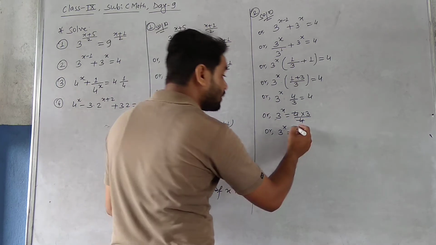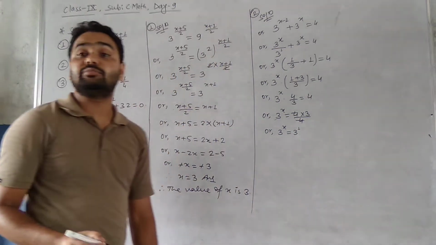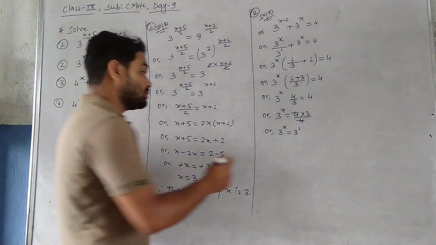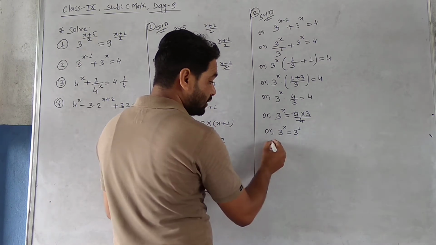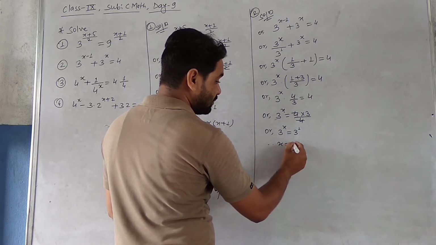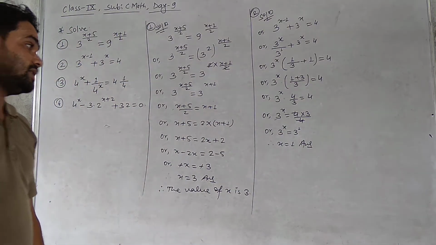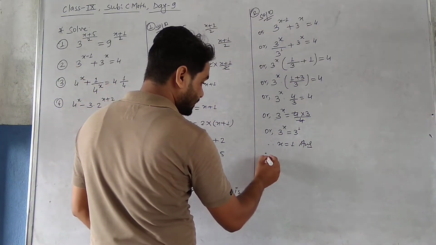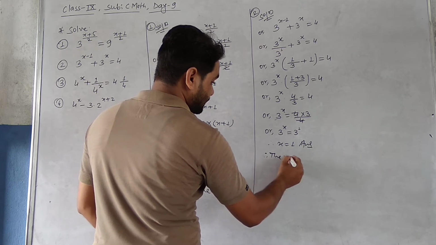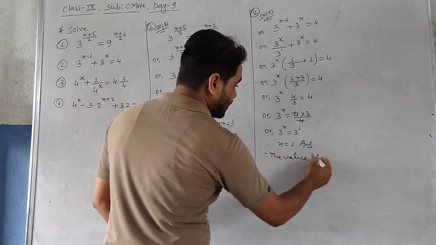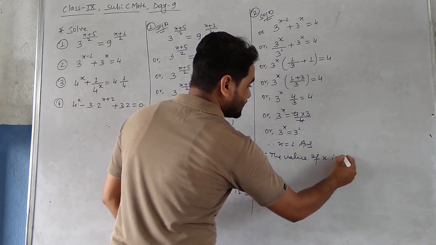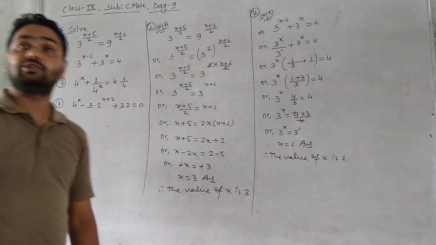That means 3 power 1, nothing means that is 1. So now the base is the same, and we can write the powers equal, that means the value of x equals to 1. Therefore the value of x is 1. This is the required answer.